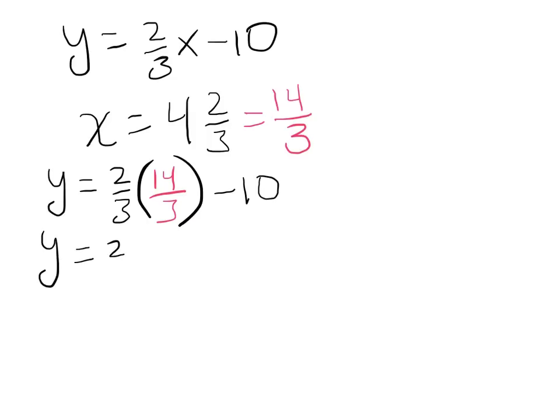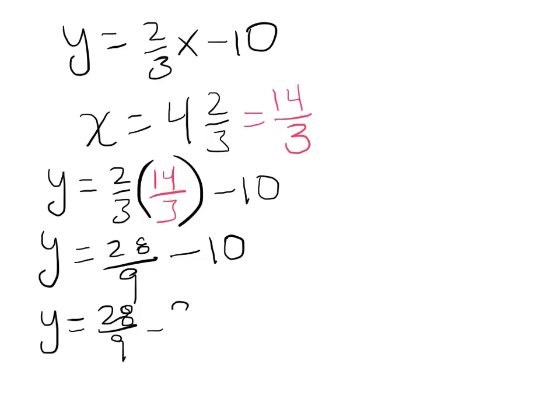And so when we multiply, it would be 28/9. 2/3 times 14/3 is 28/9 because you have to multiply the numerators and then the denominators. Then we're going to have to rewrite 10 with a denominator of 9, which means that the numerator will then change to 90.